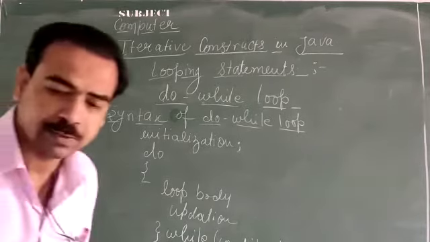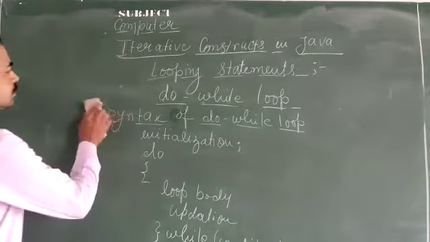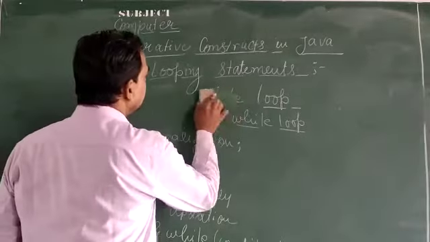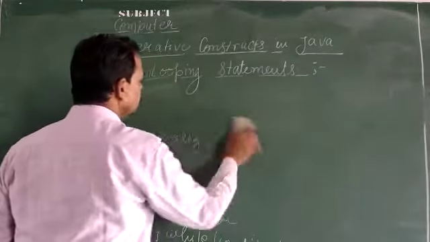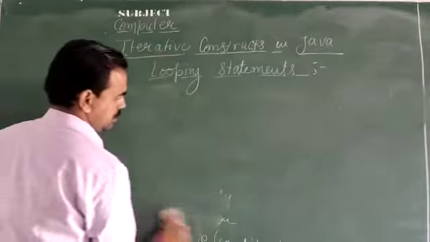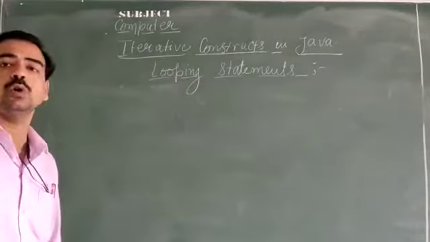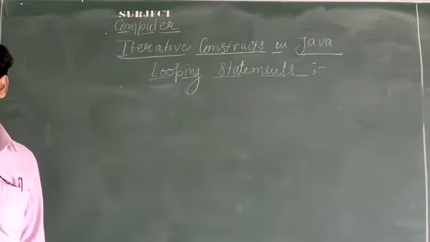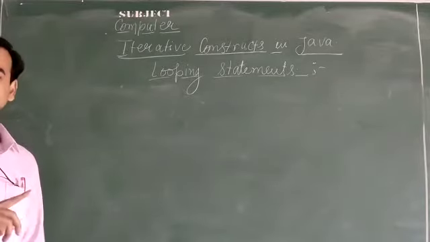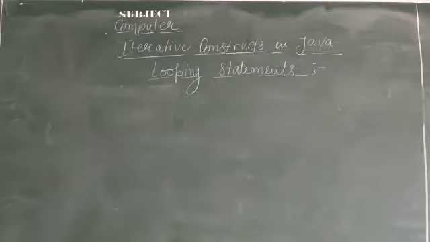Look at the code. I am writing a small code, or we can say two code sections, not only one. In one code section I will use the while loop, and in another section I will use the do while loop.